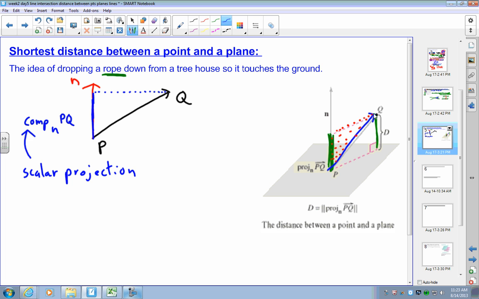Okay? So how much of it is on it? That would be my distance. My distance is the component of PQ on N.